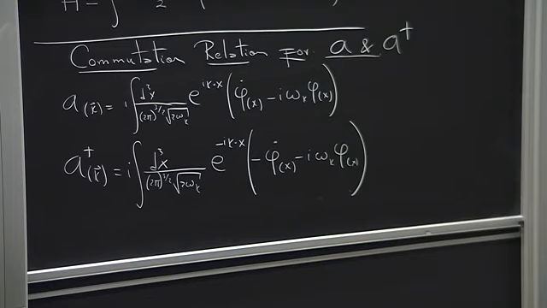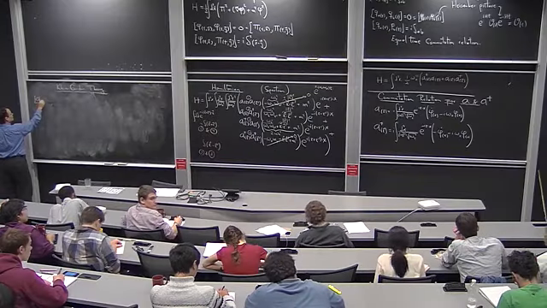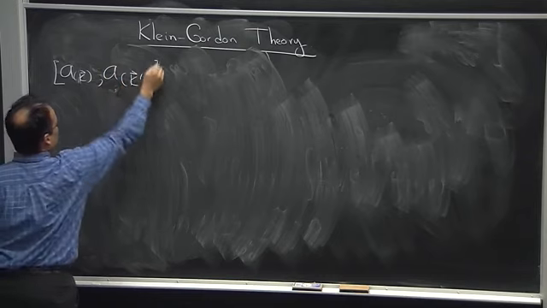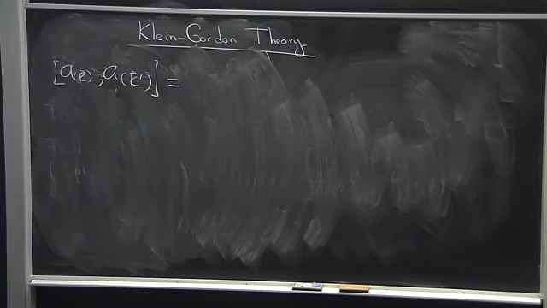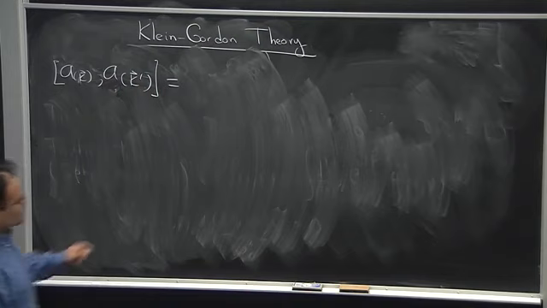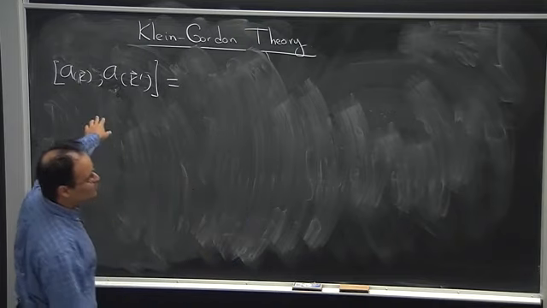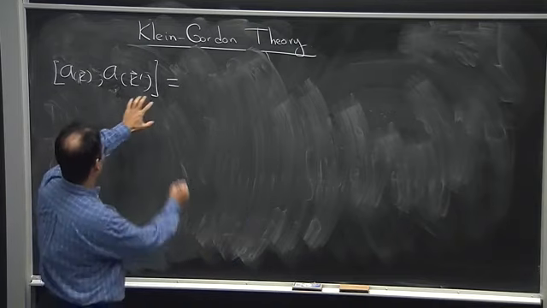So let's start by computing the commutation relation of A of k and A of k prime. It wasn't very smart, I have to say, to put the A's over there while having to use it here. But let's try it nevertheless.